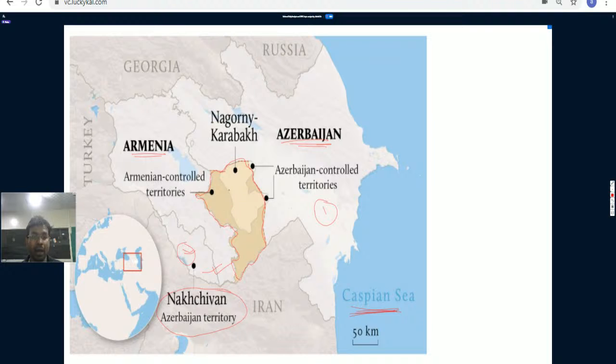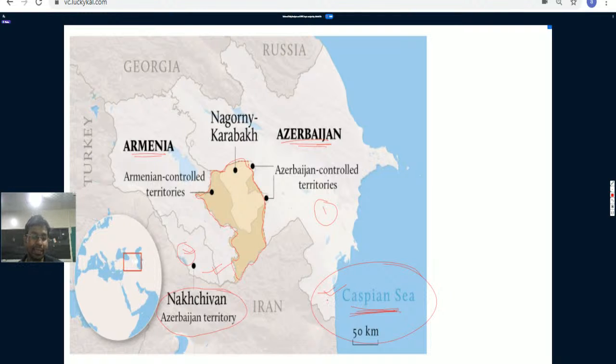Having understood this topic, we need to understand the mapping of the Caspian Sea, because the Caspian Sea makes a border over here. So in future you may expect a question in prelims related to countries that share border with the Caspian Sea.